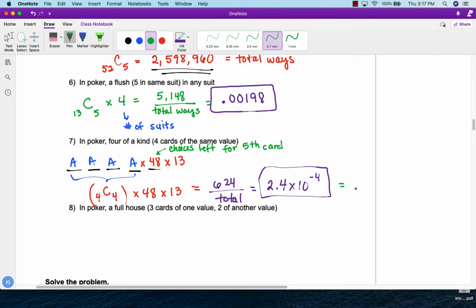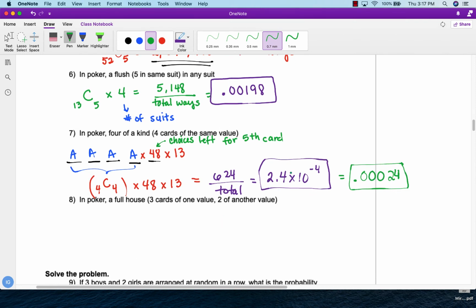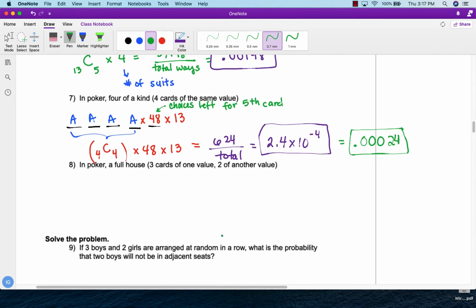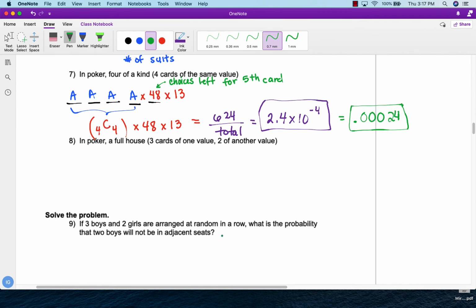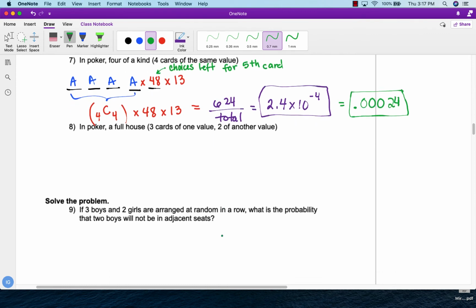So basically it's going to be 0.0002. There you go. They're equivalent. Okay? But the calculator, when it's a tiny little decimal or a big number, uses scientific notation so you can see it on the screen, okay? Because you only have a limited space on your screen.